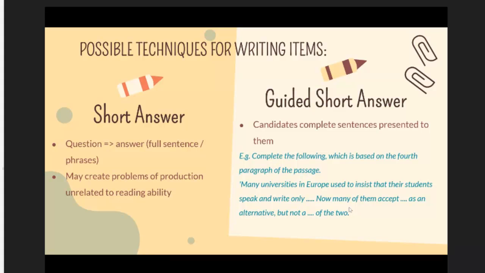So next one we have guided short answer. For this one, candidates complete sentences presented to them, like the example here. Instead of separate sentences, they may give a kind of paragraph, and then the students have to read the whole passage to get the idea, and then they will complete the sentences in the form of a paragraph, not only one sentence.